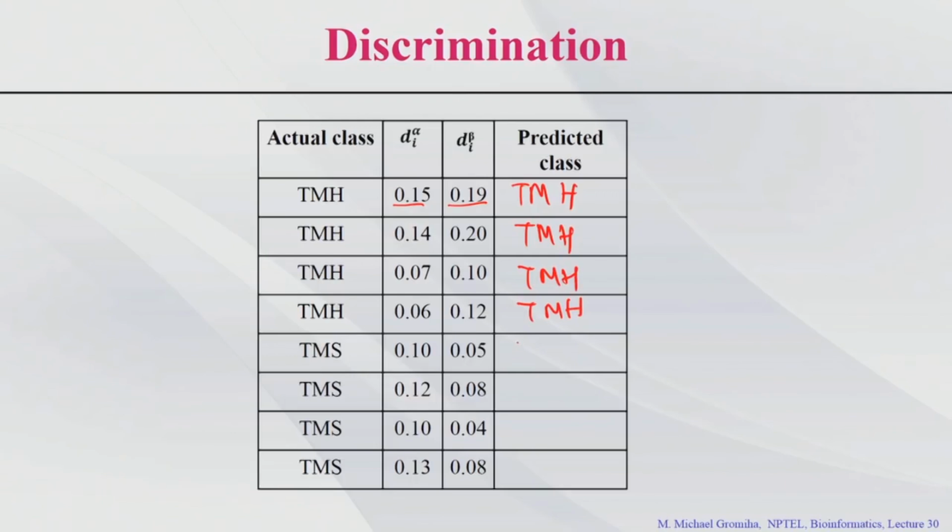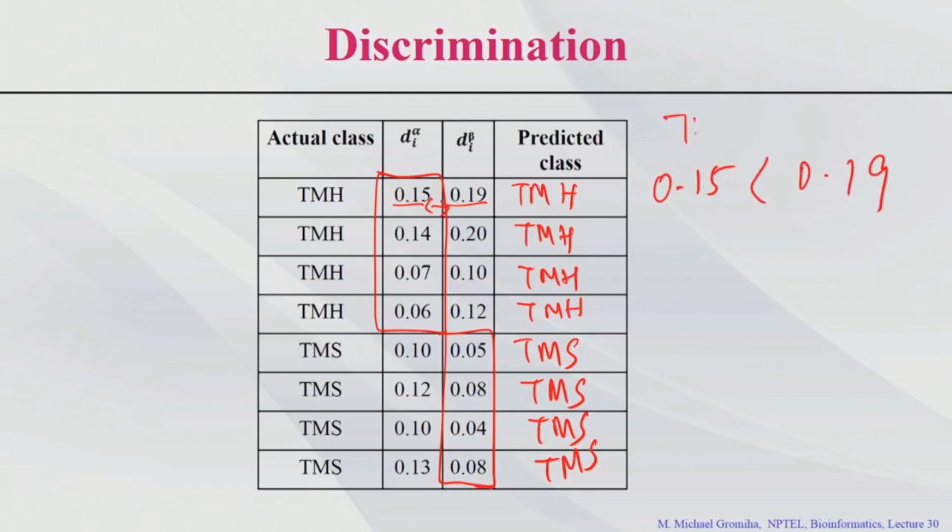This one? TMS, because this value is less here. Compare these two numbers and see which one is less; that is the predicted class. Because 0.15 is less than 0.19, this is TMH, so we assign the class TMH.